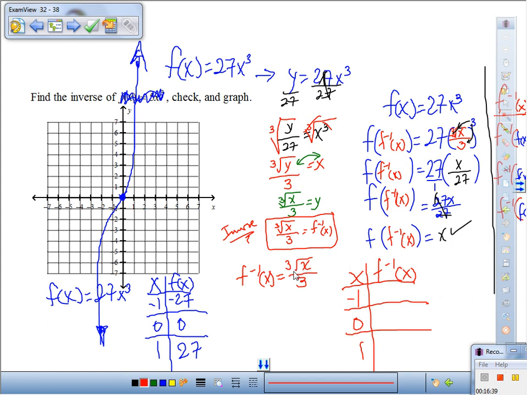Cube root, what number times itself gives us negative 1 3 times? Negative 1 over 3. Okay. About 0? 0. About 1? 1 over 3. Okay. So negative 1, negative 1/3 is right there. 0, 0. 1 and 1/3. So that one looks like that.